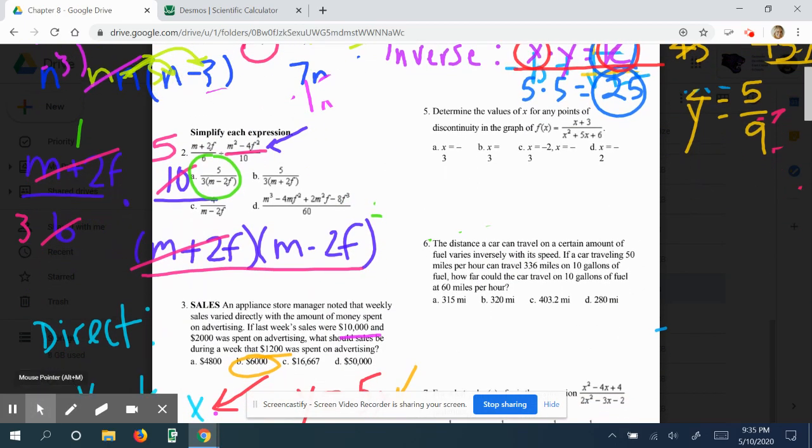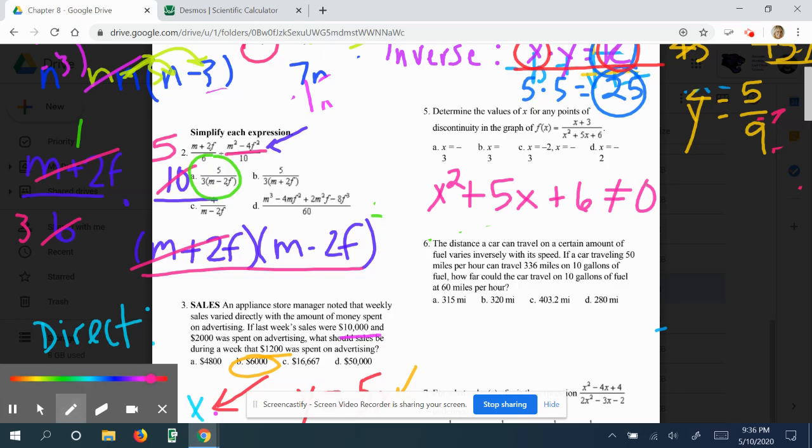Number 5. It says, determine the value for x for any point of discontinuity in the graph, which means what values of x on the bottom make it equal to 0. So we say x squared plus 5x plus 6. We don't want it equal to 0. You can use the quadratic formula, but for me, I think it's easier if we just factor. We have to also practice factoring.